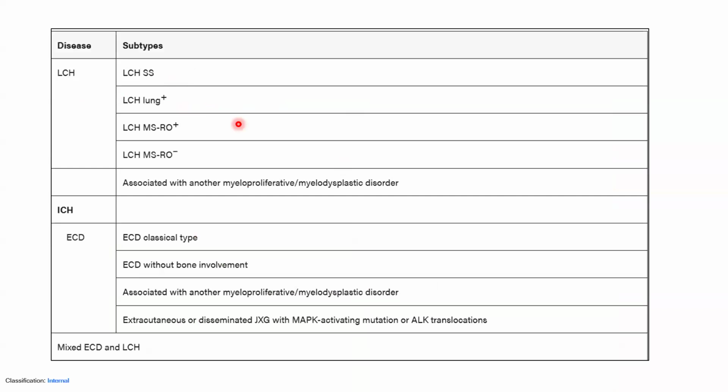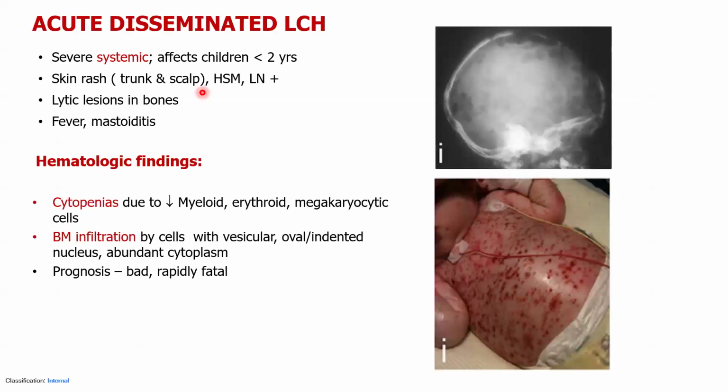The liver, spleen, hematopoietic system, and lungs are considered the risk organs. So LCH with risk organ involvement, LCH with other organ involvement. So it is divided into these 5 types. The older classification was of 3: acute disseminated histiocytosis, unifocal LCH, and multifocal systemic LCH.